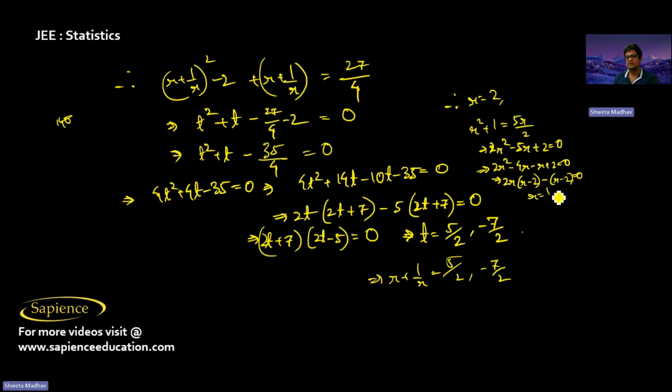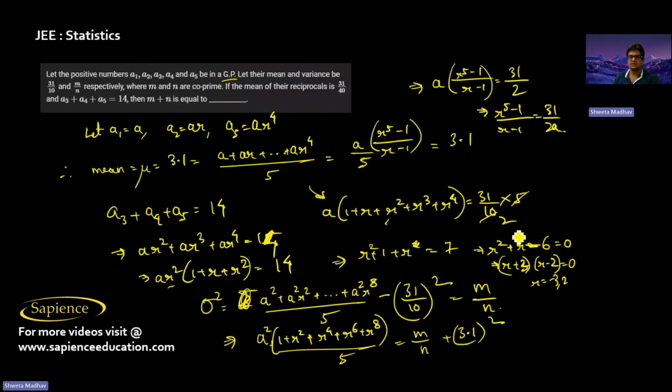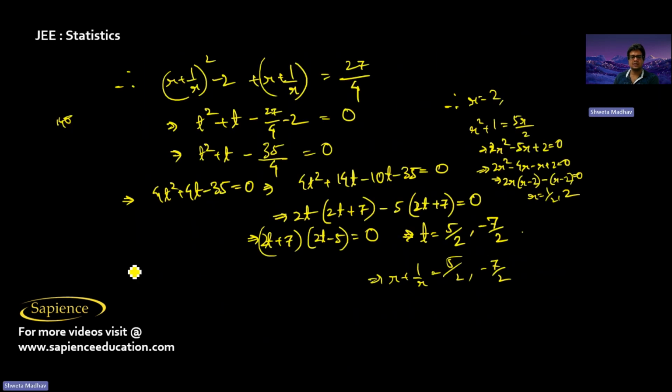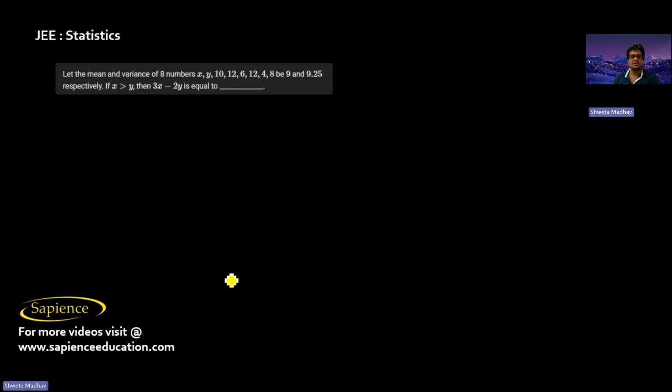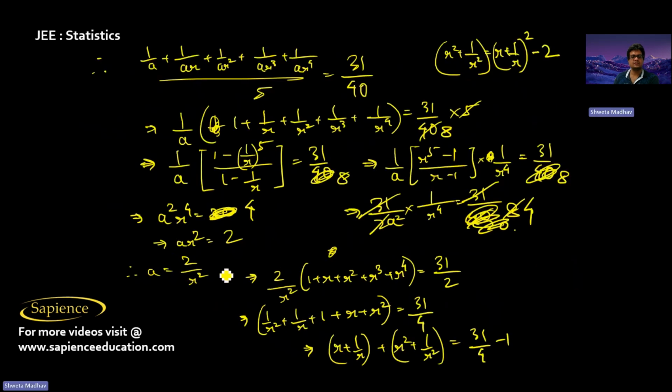So r can be half or 2, but if we take the intersection of these two sets, we will get r equal to 2 only. Therefore r is 2, and so a will be 2 by r square, that is 2 by 4, that is equal to half. Therefore the variance is n by n.